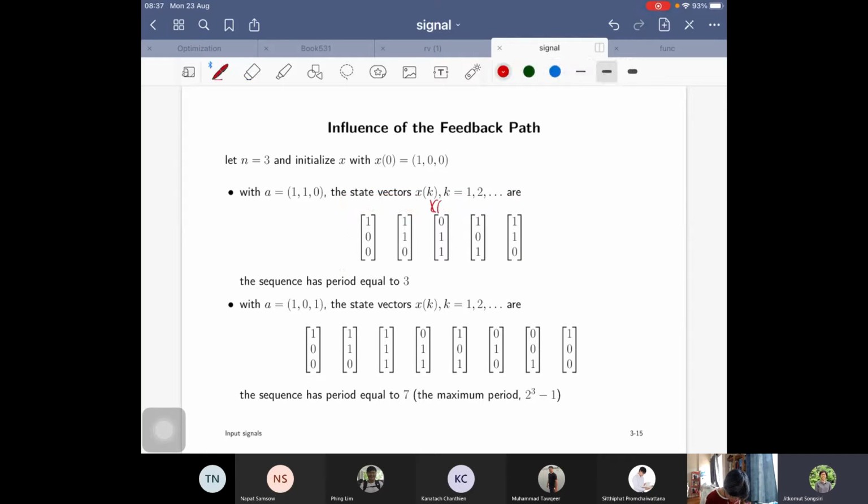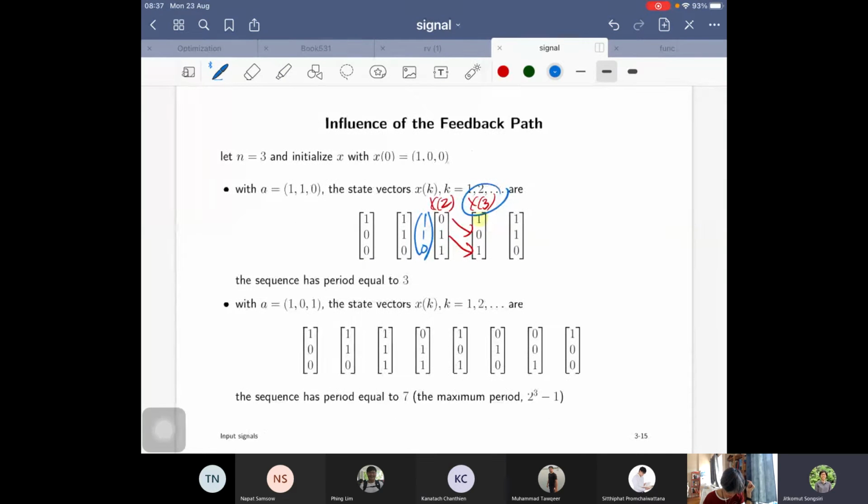On the second state, can someone check real quick? At the third state, is it correct? 0 and 1, right? And then, Kanatat, can you compute the third state? Can you confirm that this actually is 1? Kanatat?